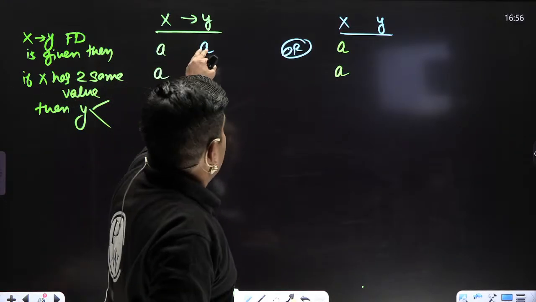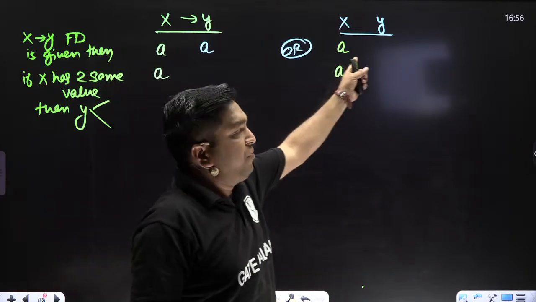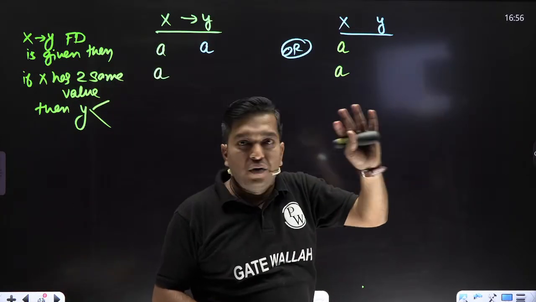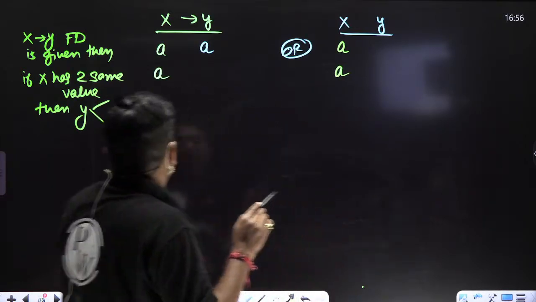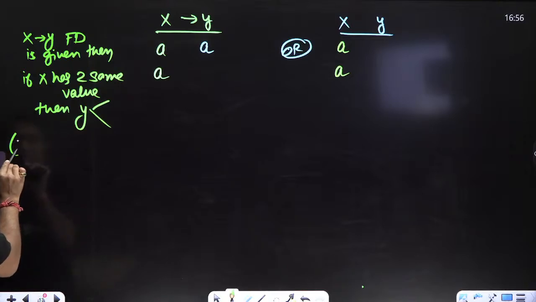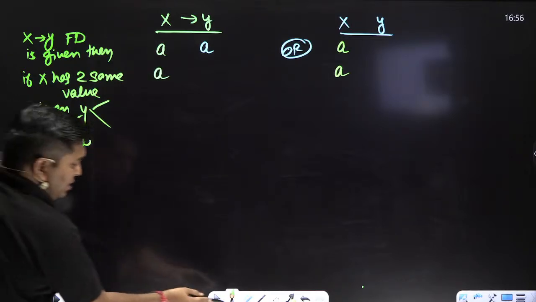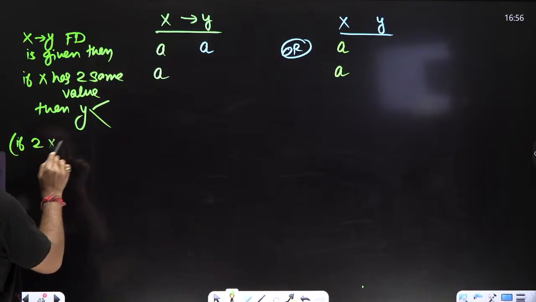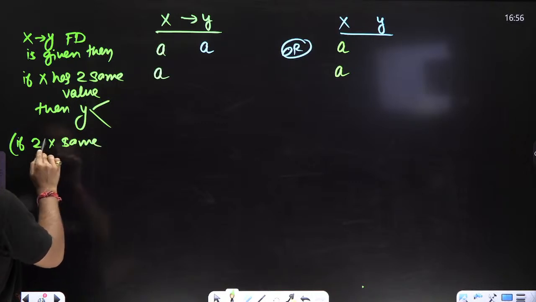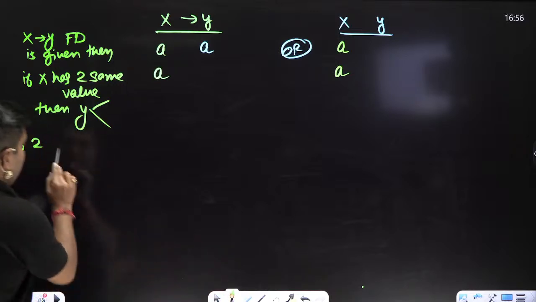Either you will get Y with one entry, or you will get Y with zero entry. But the X value is repeated. Two same values of X are there. I will explain, don't worry.